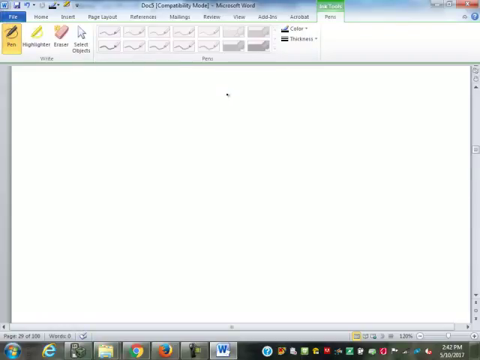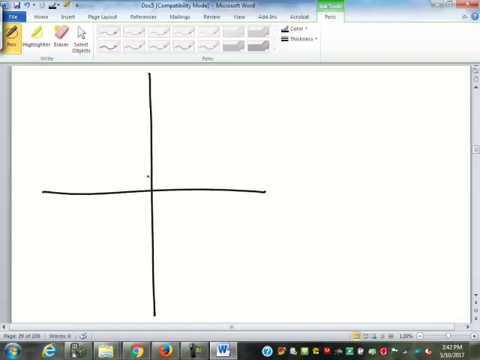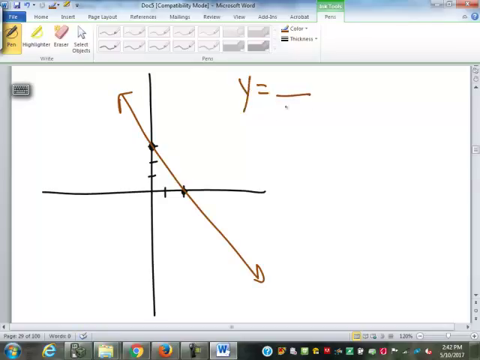I might ask you to find an equation from a graph. So if I have a line on the graph that looks like this, remember y equals the slope times x, and then plus or minus that y-intercept.